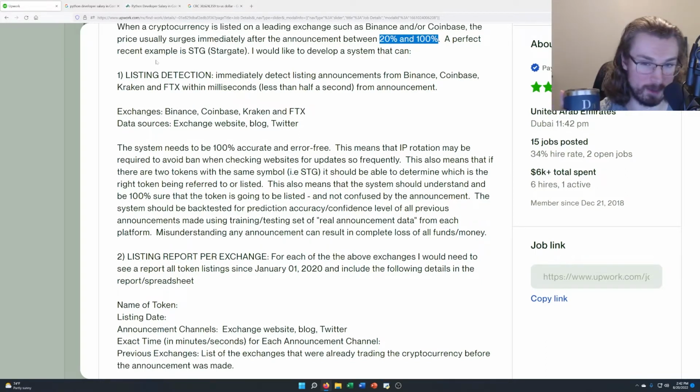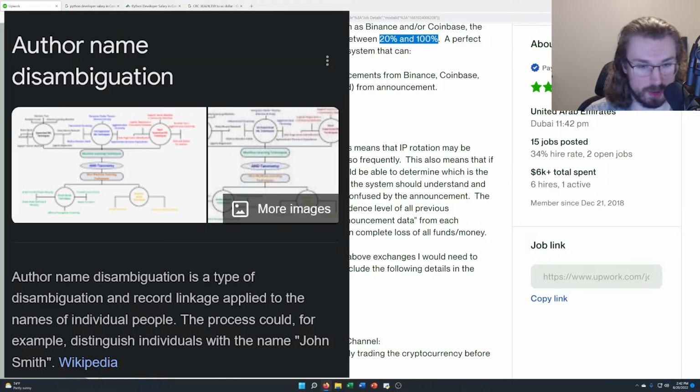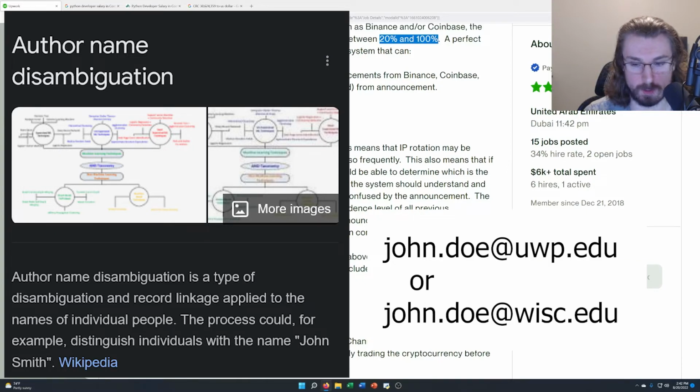Which I get, that is a requirement. I don't think that would be difficult. You would have to use the other entities found in the article to distinguish between the 2. This is similar to author disambiguation tasks. So in the research literature, sometimes you have authors with the same name and you have to figure out, is it this professor at University of Wisconsin-Madison or University of Wisconsin-Parkside, right?